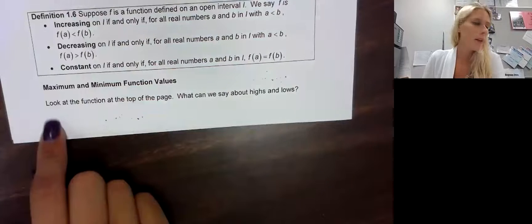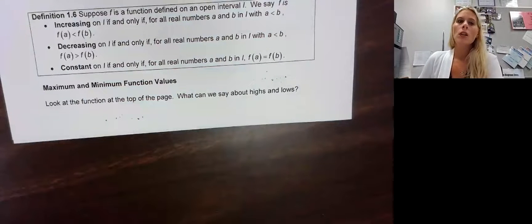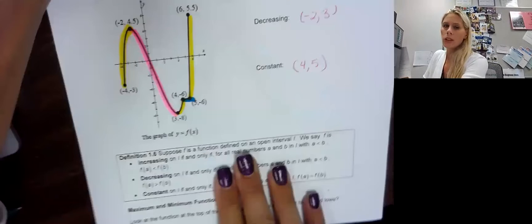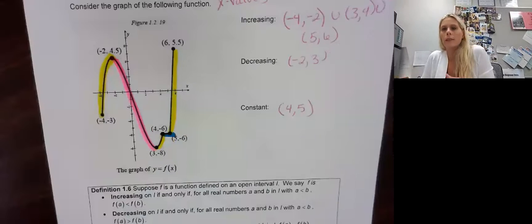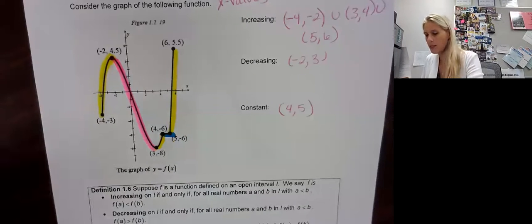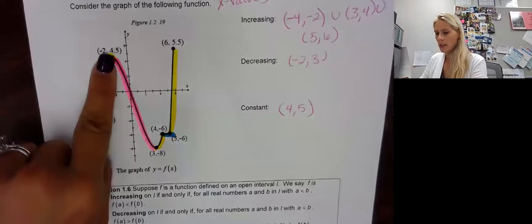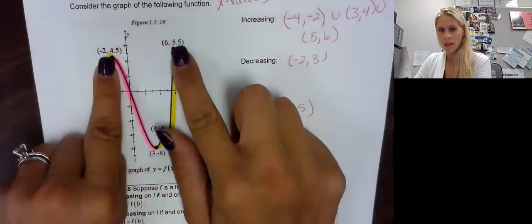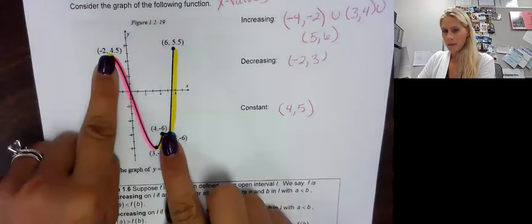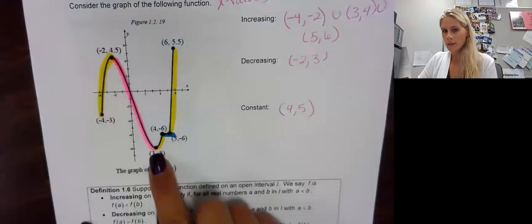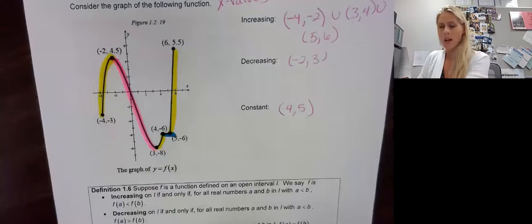Now, min and max values. Look at the function at the top of the page. What can you say about its highs and its lows? So it's not really the top of the page, right? It's in the middle. If you see the high point right here, low points are right there, right?